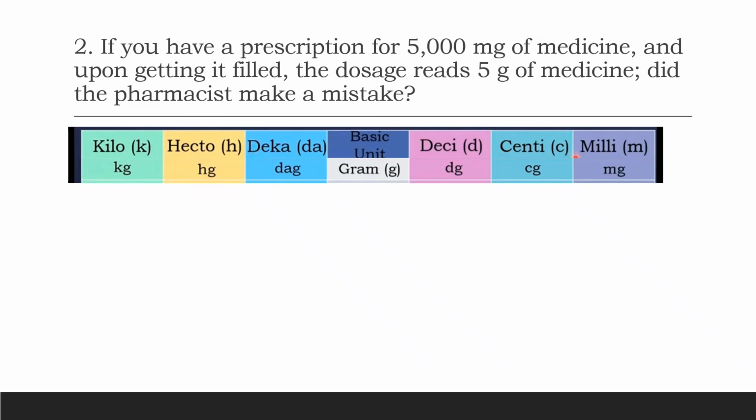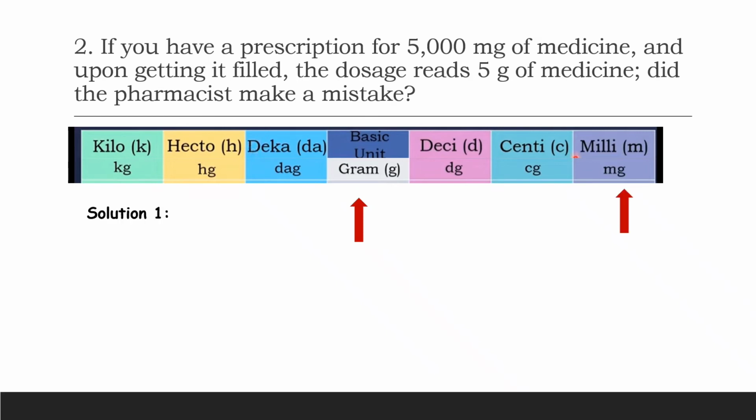Next, we have the second problem. So, if you have a prescription of 5,000 milligrams of medicine and upon getting it filled, the dosage reads 5 grams of medicine, then the question is, did the pharmacist make a mistake? Okay, so as you can see, the problem has the basic unit in grams. So, let's locate milligrams and grams.